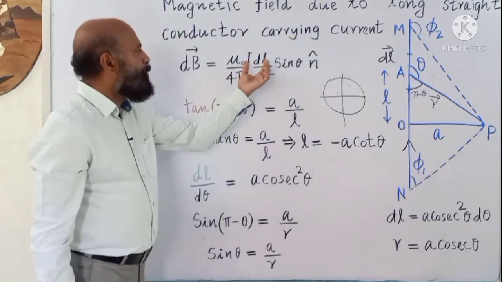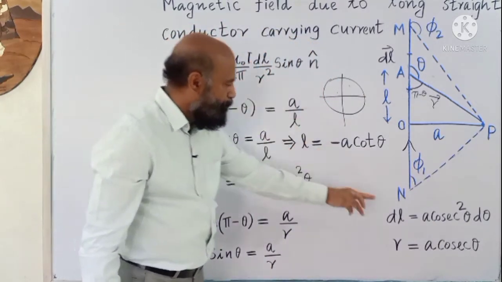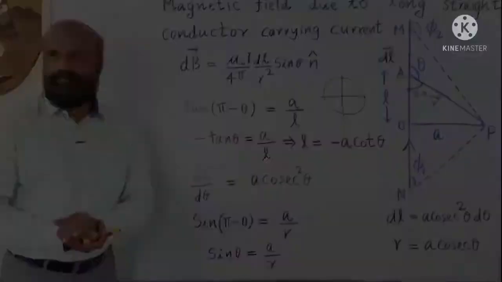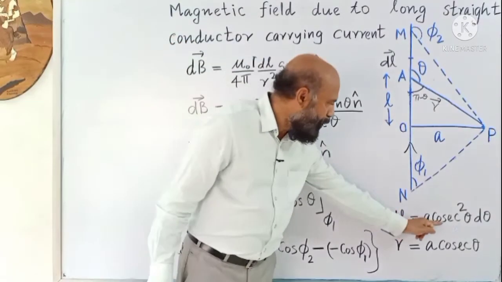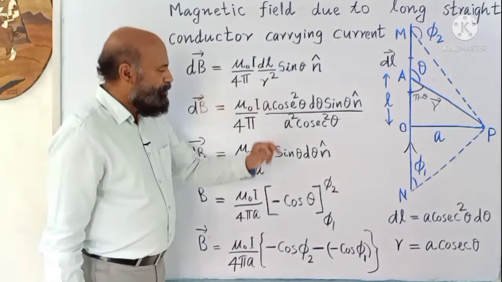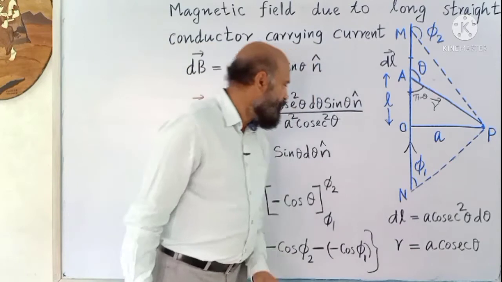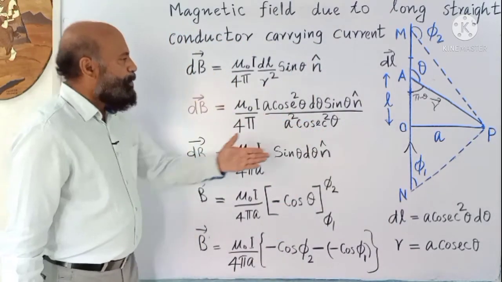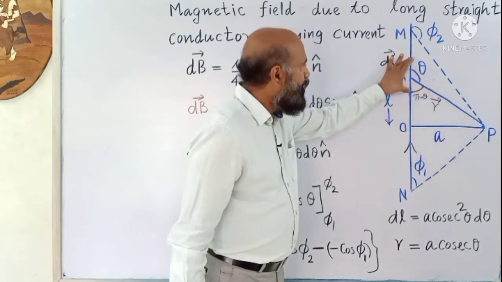So now we can replace this dl and r before integration. For dl, you can substitute a cosecant square theta d theta. For r, a cosecant theta, its square. That gives the magnetic field due to the small current element.